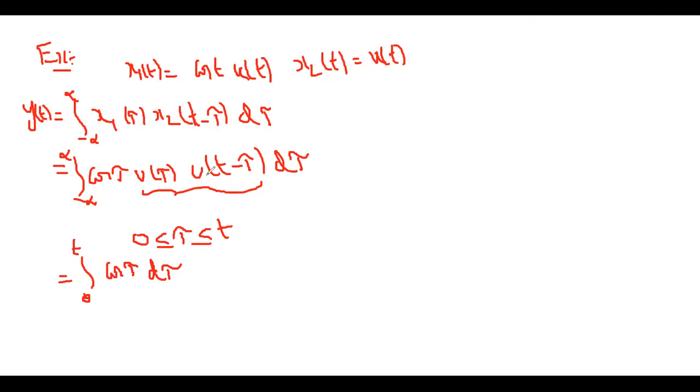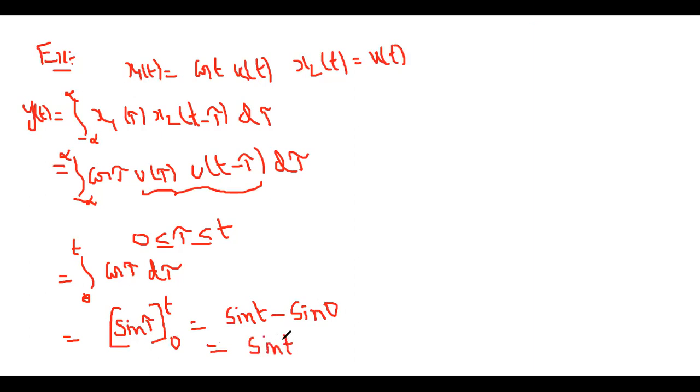Because mu of tau and mu of t minus tau are equal to 1, the limits change from 0 to t. So the integral of cos tau is sin tau, with upper limit t and lower limit 0. Therefore sin t minus sin 0. Sin 0 is 0, so it becomes sin t.